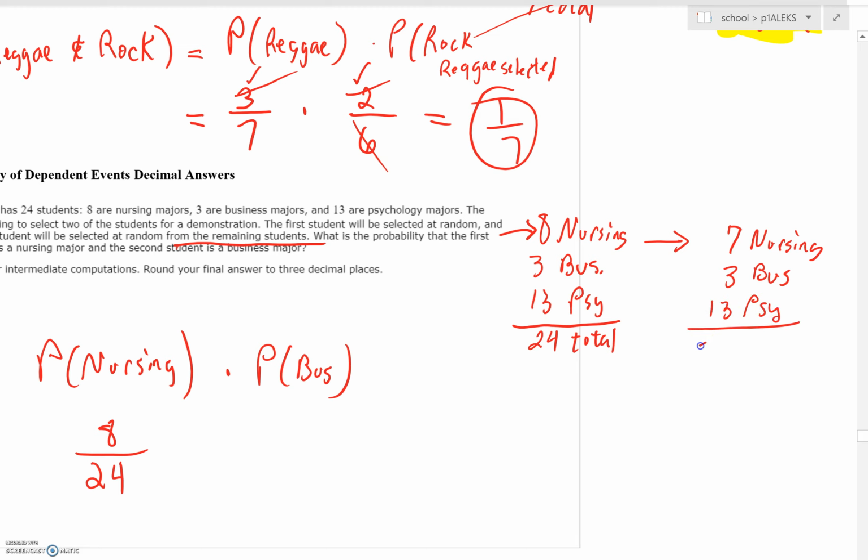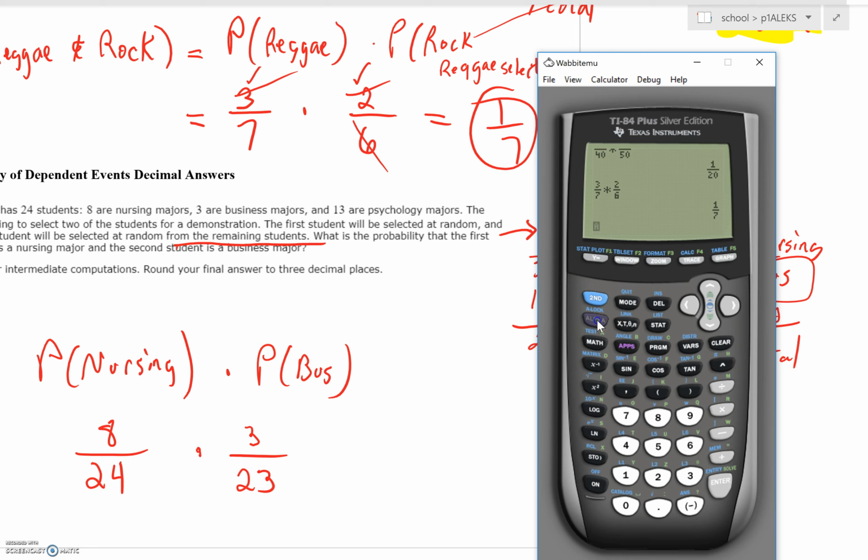By the way, your total will have dropped. You'll only have 23 total because that one student is now gone. Well, now you want to find the probability you'll select a business student, so that will be 3 out of 23. Well, again, you can go ahead and work this out with your calculator.